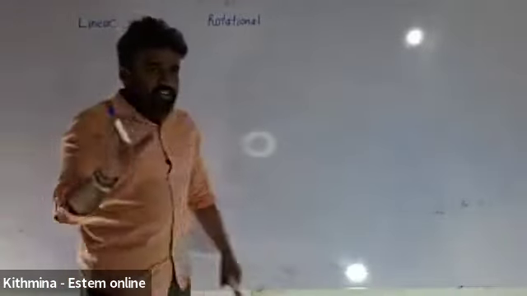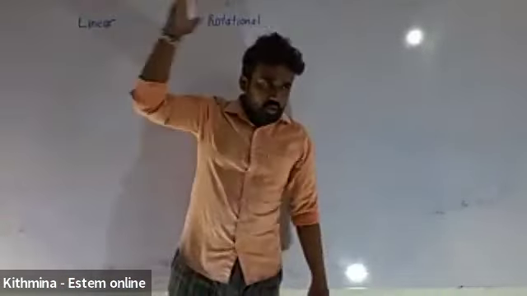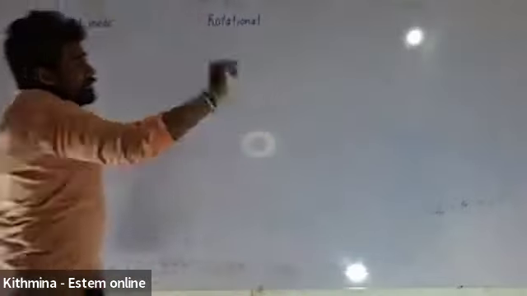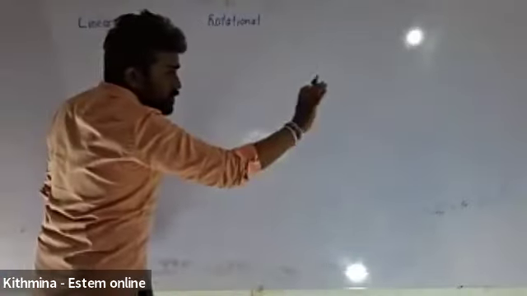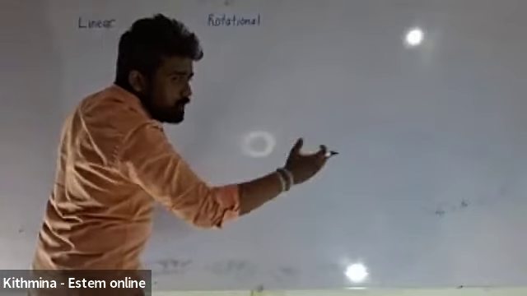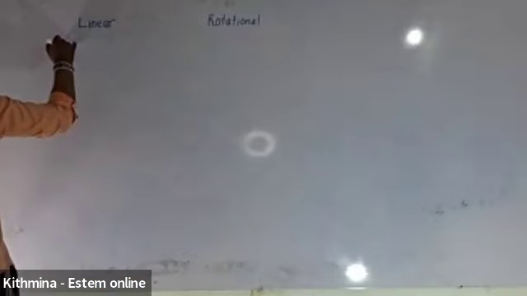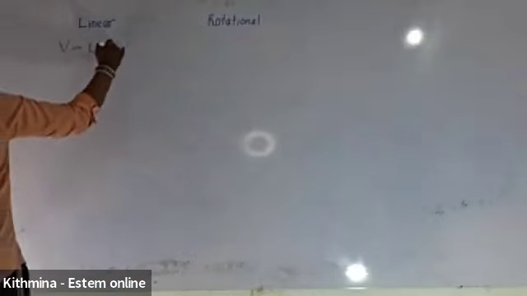First of all, when we convert linear to rotational motion, we first convert the normal motion equations. The first motion equation we study is V equals U plus at.